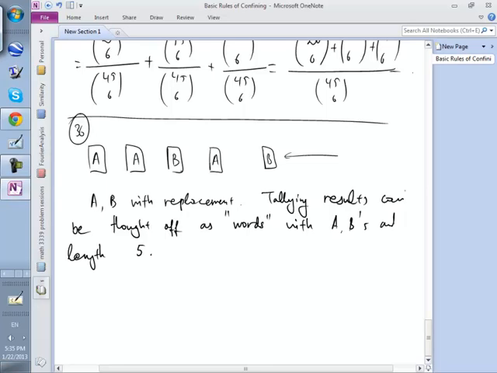Like the one that I have here. So this tallying result would correspond to A, B, A, B. So these kinds of words. So how many of those can we form? So we pick symbols with replacement, but the order does matter.